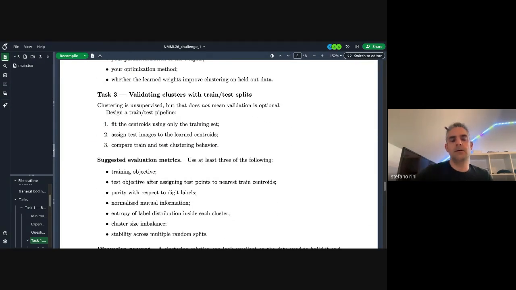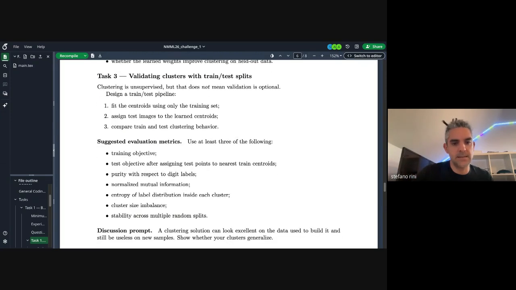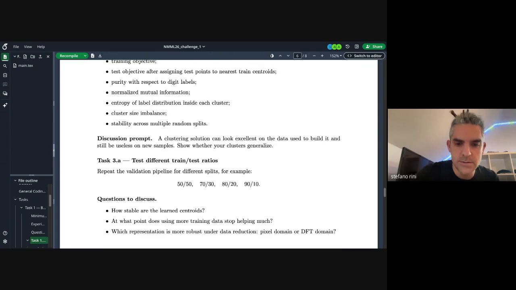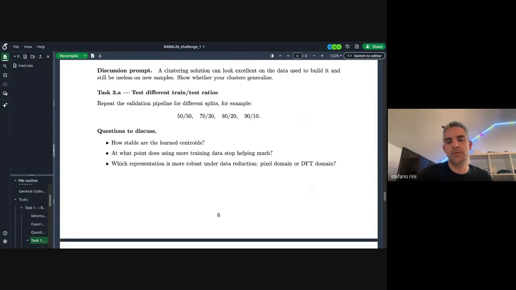And then the next part is to validate with train test splits. You can test different predetermined objectives. As I said, purity is the first one to investigate. Entropy is another good one. Stability is also a good one, so you repeat different times and you see how the stability goes. And then the last one is to train across different train test split ratios.